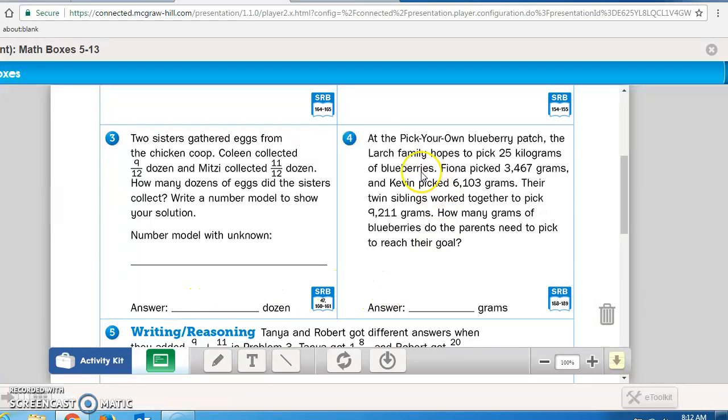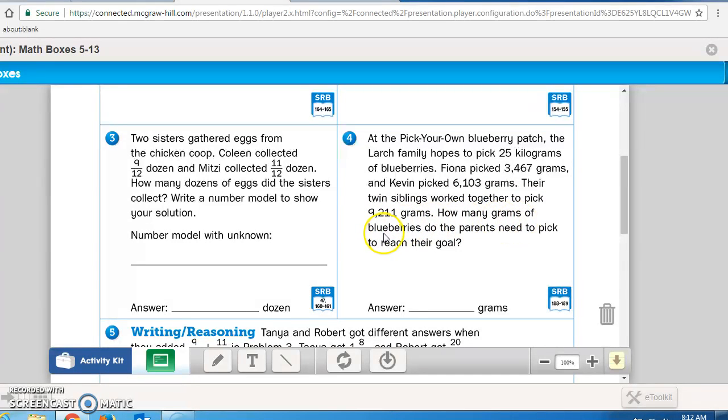Math Box 4 says, at the Pick Your Own Blueberry Patch, the large family hopes to pick 25 kilograms of blueberries. Fiona picked 3,467 grams, and Kevin picked 6,103 grams. Their twin siblings worked together to pick 9,211 grams.